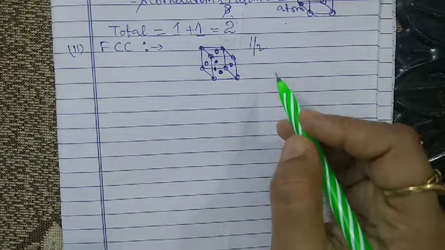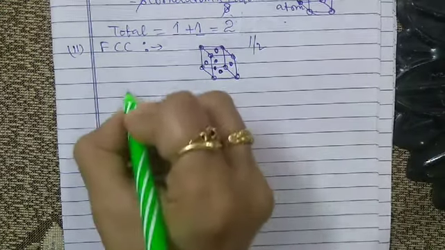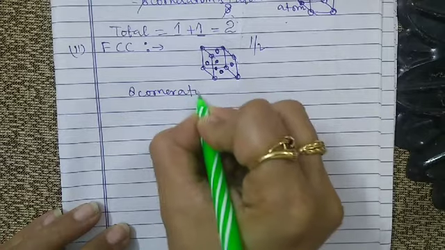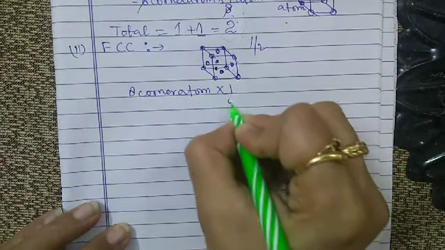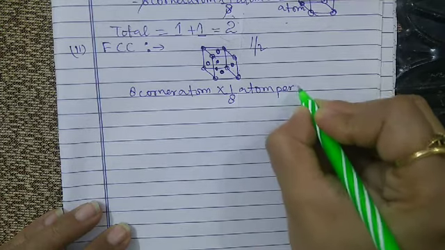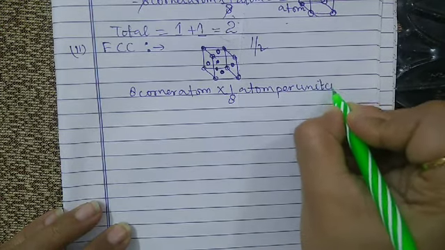Therefore, the number of atoms present at the corner, again with the same formula, is 8 corner atoms multiplied by 1 upon 8, which equals 1 atom per unit cell.